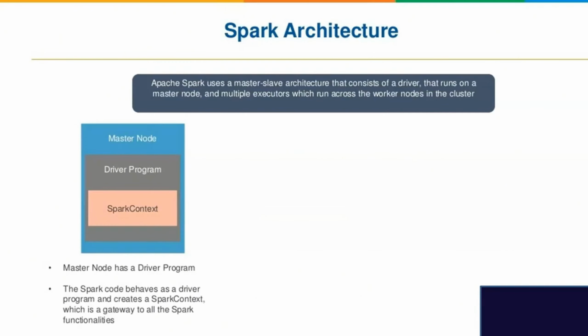So if I talk about the Spark architecture, Spark is a master and slave architecture. Since it has a master and slave architecture, it has a master node, a driver program that drives the process, and there is a Spark context. A Spark context is nothing but a gateway for all the Spark functionalities.